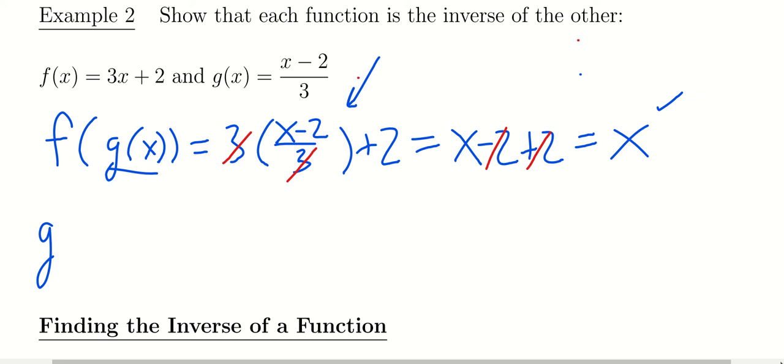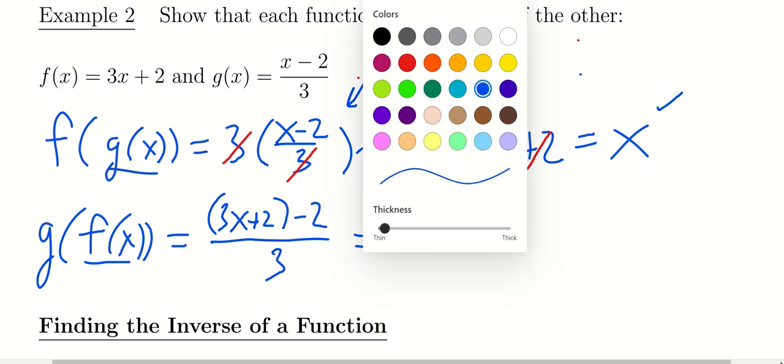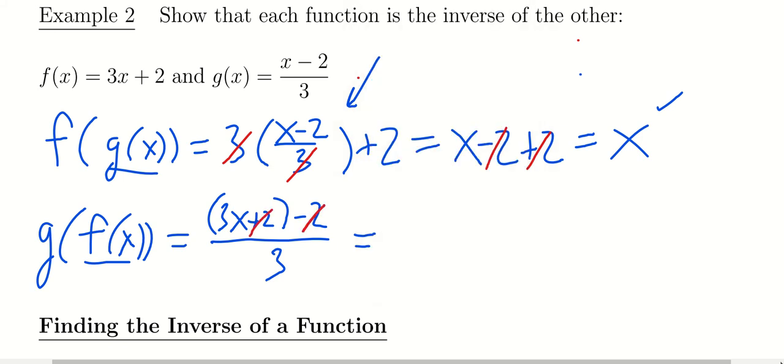Let's now check the other composition. G composed with f of x. The function g says to take your input, subtract 2 from it, and then divide it by 3. What we're plugging in here is going to be f of x, which is 3x plus 2. To simplify this, notice that the plus 2 and the minus 2 cancel.